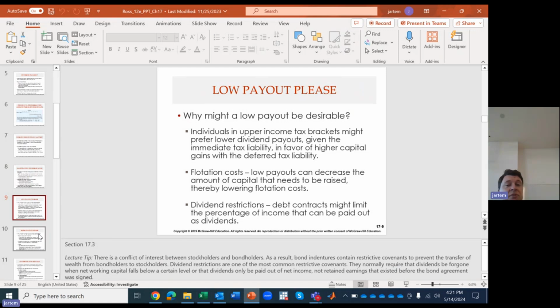And in fact, sometimes low payouts or maybe even no payouts might be preferable. Because again, you have to understand Facebook just now started to pay out a dividend. But I think Facebook has been a publicly traded company for at least a decade, maybe a decade and a half. So for the longest time, there was absolutely no payout.